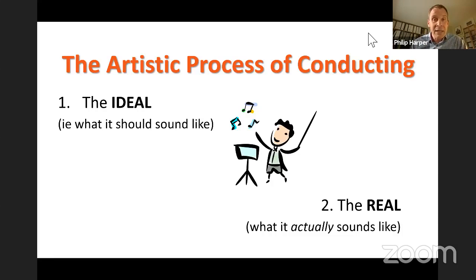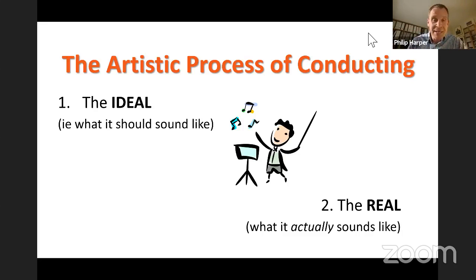So the implication is that once you've heard the band or the group playing in front of you, you have a version of events which is real, this is what it actually sounds like, and you then have that version to compare with your ideal version.